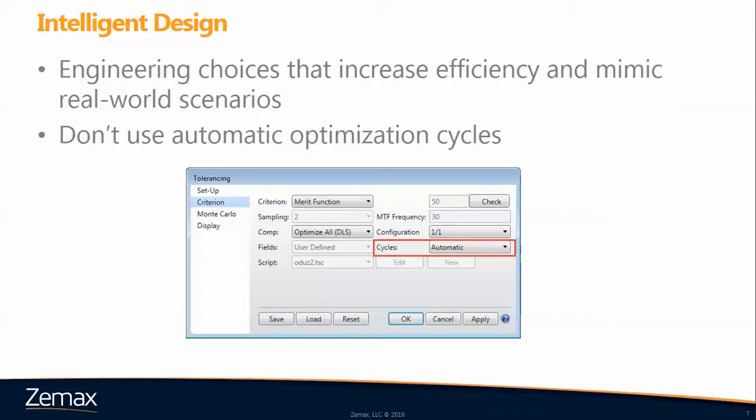And so our first suggestion is to not use automatic optimization cycles. This cycles setting determines how rigorously OpticStudio will attempt to optimize the compensator values. So whatever you have set to be a compensator will essentially be a variable which gets optimized.